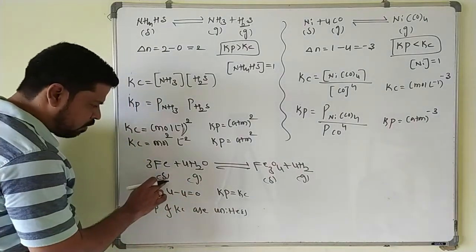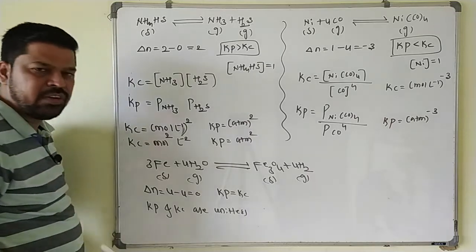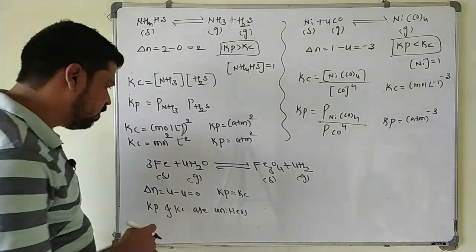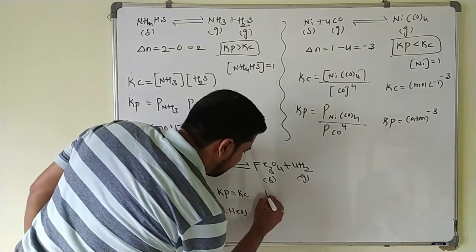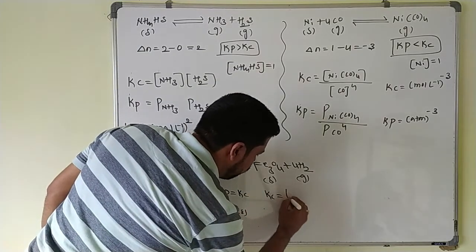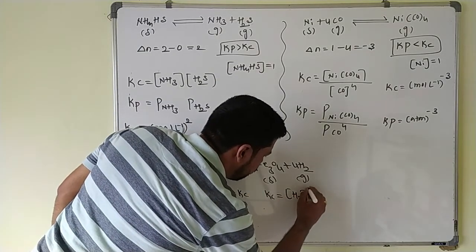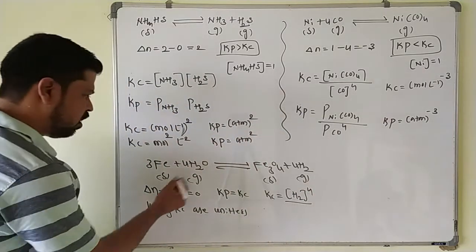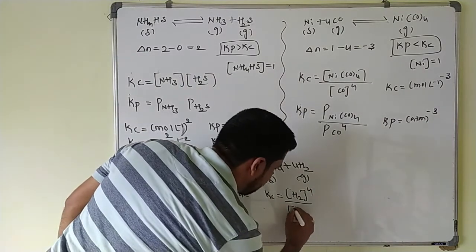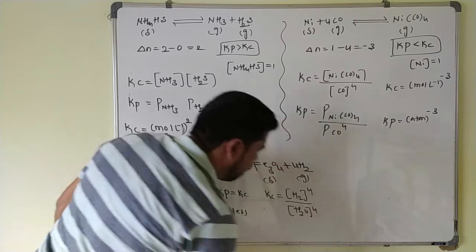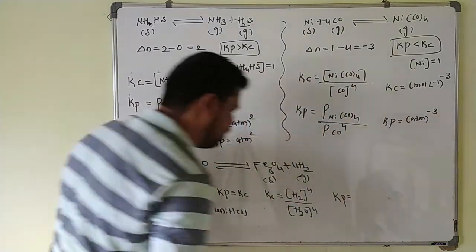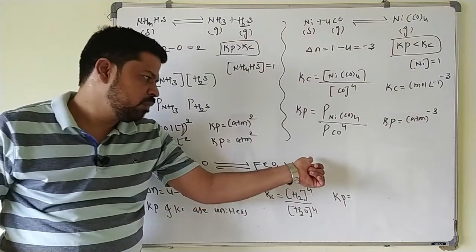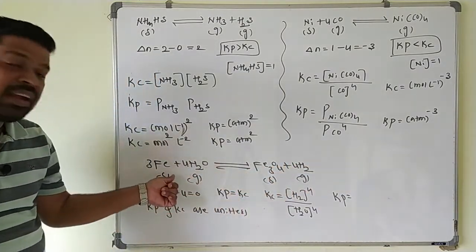Now what is the Kp expression you can write here? Already we know that for pure solids, the activity you can take is 1. Only you have to include H2O as well as H2 here. So Kc will be equal to molar concentration of H2 power 4 divided by molar concentration of H2O power 4. Similarly, you can write the Kp expression for this one, that is partial pressure of product divided by partial pressure of reactant.